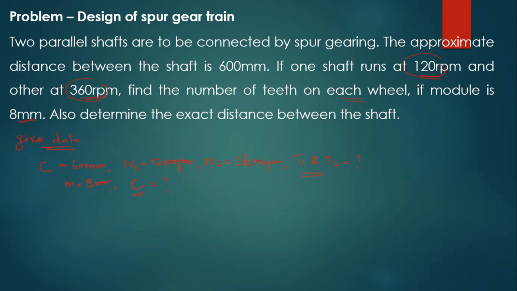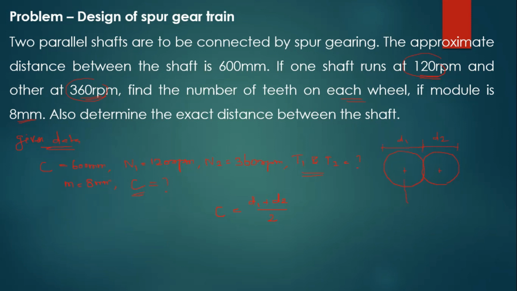So let us start. We already know the formula for center distance: C equal to D1 plus D2 divided by 2. See here, this is gear 1 and this is gear 2, both meshed with each other, and this is the diameter of gear 1 and this is the diameter of gear 2, D1 and D2.